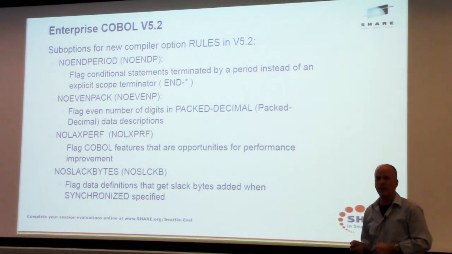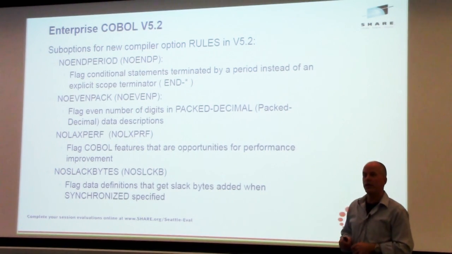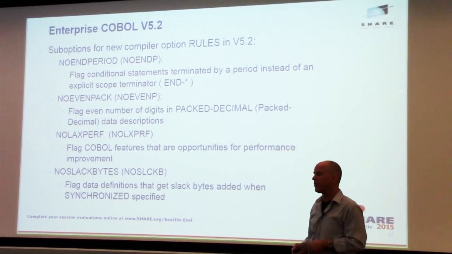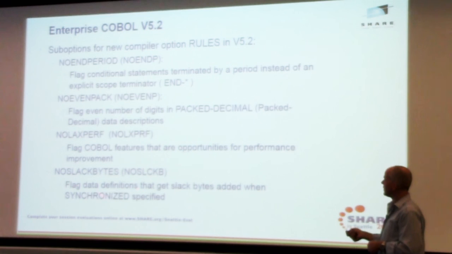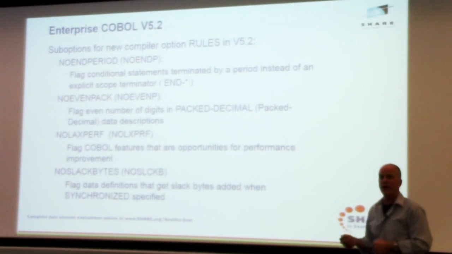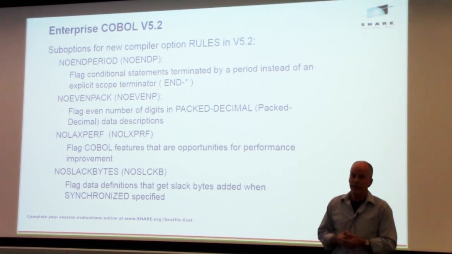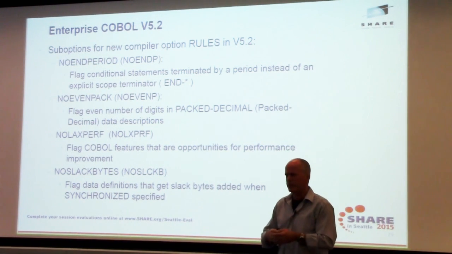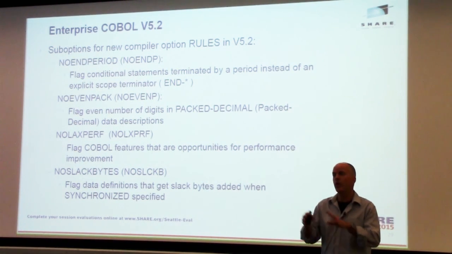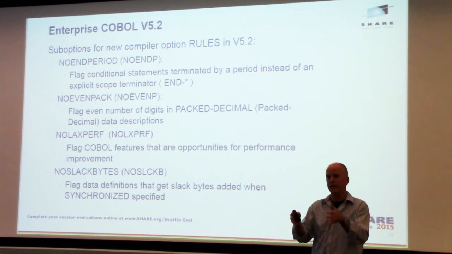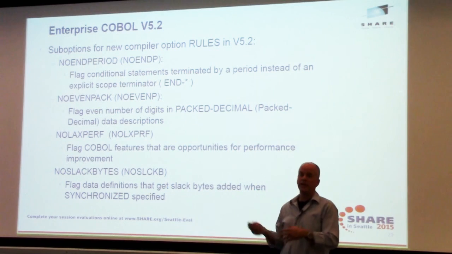Don't be lax about my bad performing COBOL statements. Tell me which ones I should improve if I want to make my COBOL program run faster. And then this one also came from clients in Europe. They wanted to know when the compiler was adding slack bytes in as a result of the synchronized clause. Just yesterday a client said, well, isn't synchronized kind of historical? And it is. There is no benefit now to putting a binary data item on a full word or double word boundary like there was in ESA in 1985.